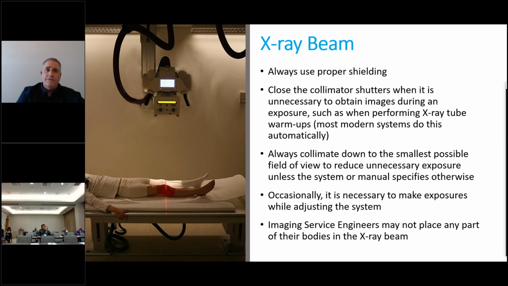We don't want any extra radiation going somewhere where it's not going to be useful. If we're not going to be able to create imaging of that area, there's no reason for the radiation to be there.